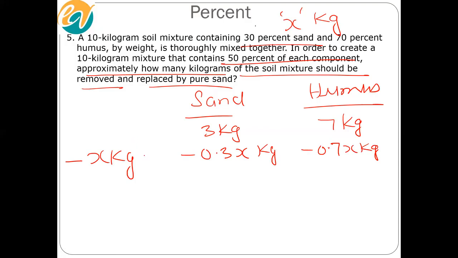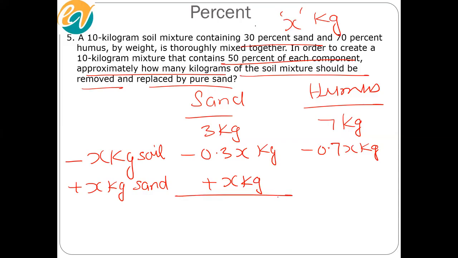So this is minus x kg of soil. Now what are we doing? Adding x kgs of sand, right? So this is plus x kg, and obviously we are not adding any humus.